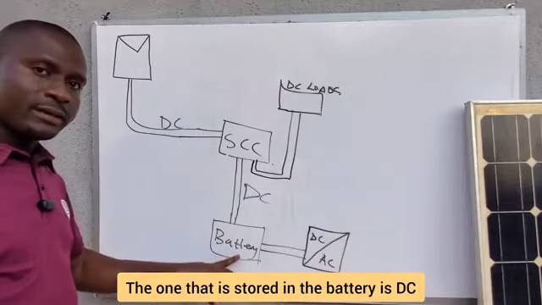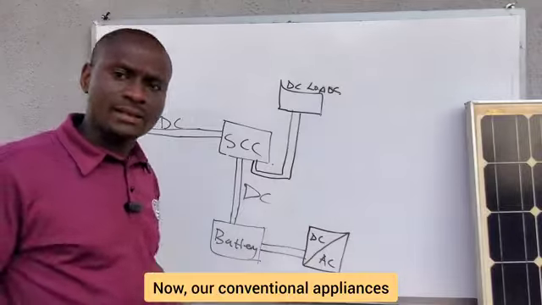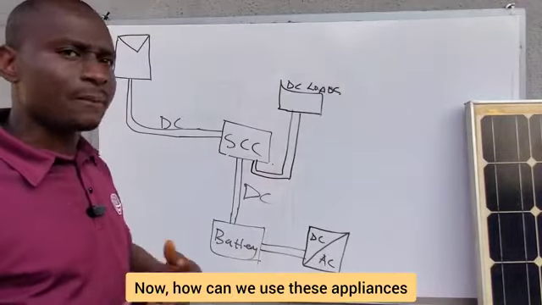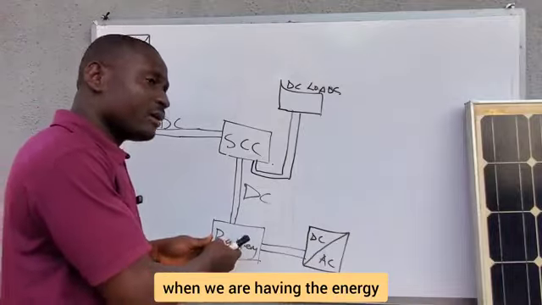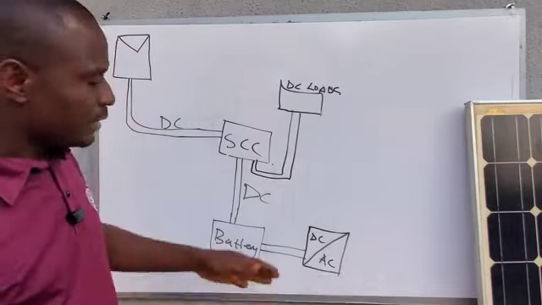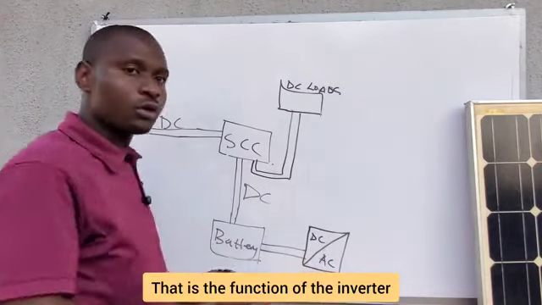The one that is stored in the battery is DC, also direct current. Now, our conventional appliances, the appliances we are using, they are all AC appliances. Now, how can we use these appliances when the energy that is stored in the battery is DC? That is where the inverter now comes in. The inverter converts the DC that is stored in the battery to AC. That is the function of the inverter.